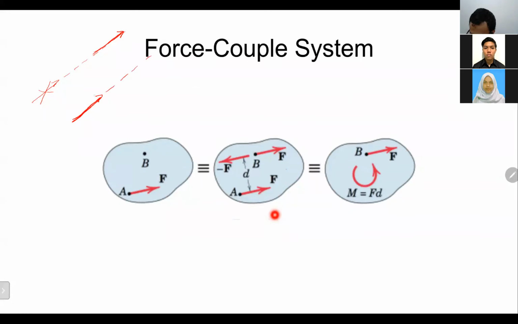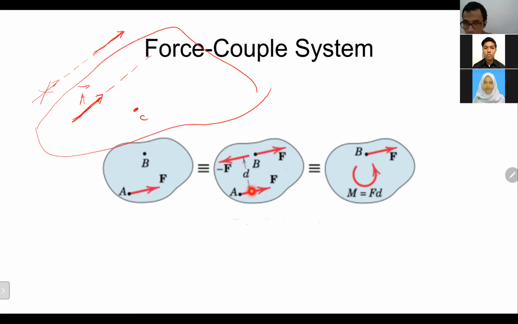For example, let's take a look at this. I want to move force A here to this particular point, point C, for example.